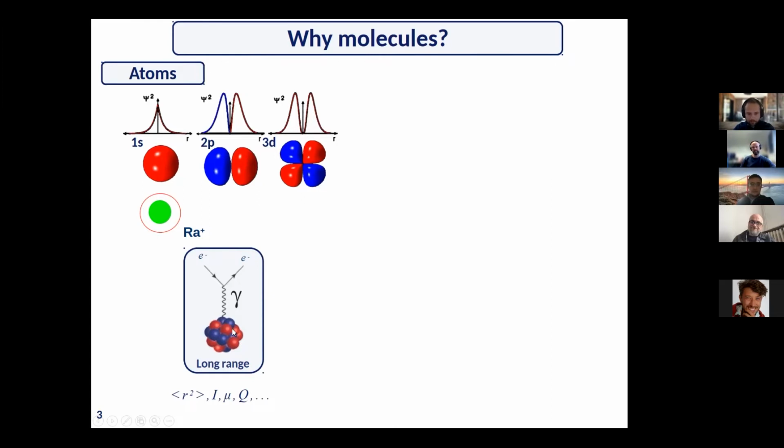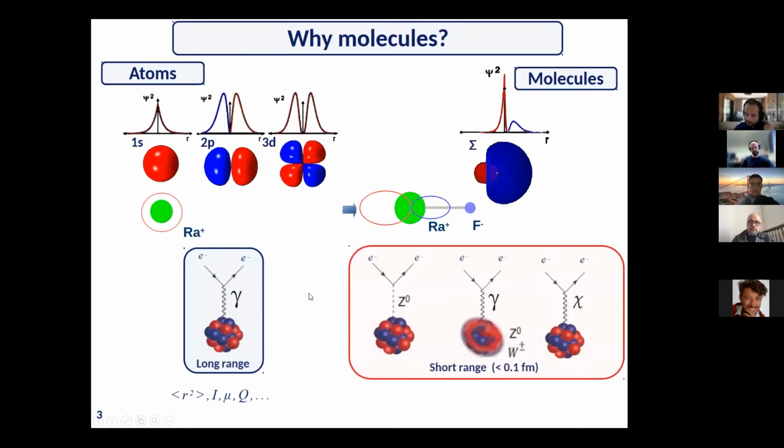In general, we are mainly sensitive to the long range electron-nucleon interaction in atoms, right? You can also be sensitive to short range properties with higher precision, but in general, in the kind of experiments that we are doing, the advantage that I see as a nuclear physicist, in this cartoon, is that we can start with an atom with an s orbit, put another atom next to it and create this kind of sigma orbit that is a combination of an s and p, right?